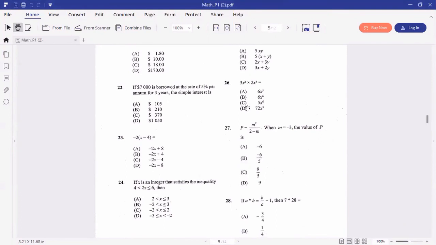Now it says if 7,000 is borrowed at a rate of 5% per annum for 3 years, it's asking me what is the interest. Now drawing back on the formula, we know that interest equals PRT over 100.